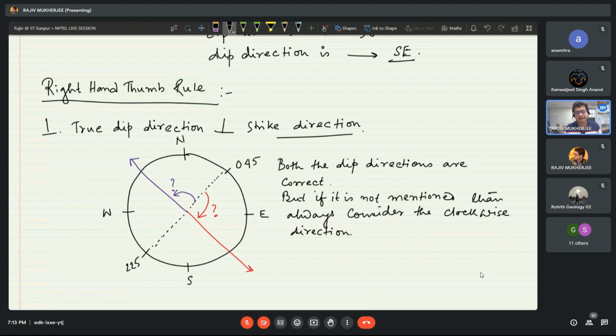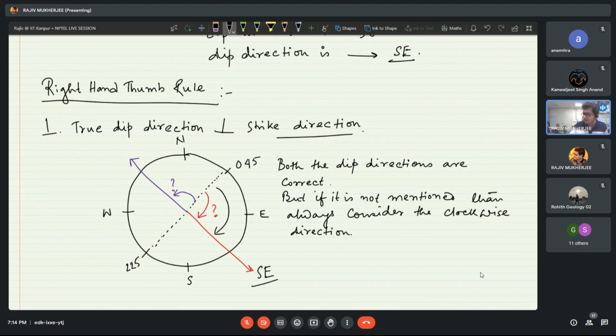So in this case, if it is not mentioned which is the right direction, I will take this way. Then I would simply consider the plane is dipping along the southeast direction.